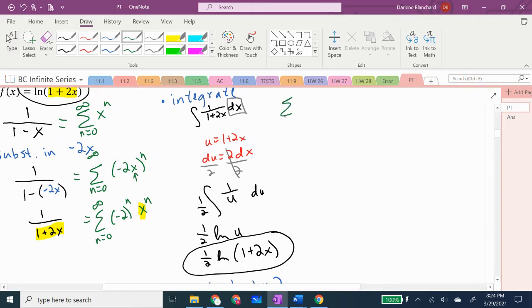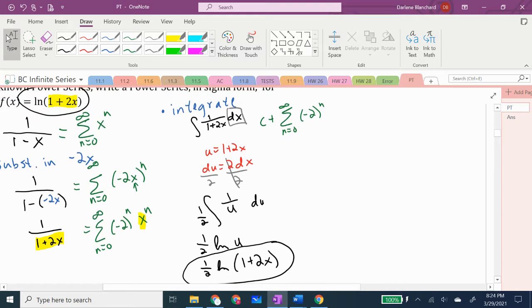And that is going to give me, well, let me write the c plus. And then negative 2 to the n is a constant multiple. Using the power rule, I add 1 to the exponent of my variable and divide by that new exponent.